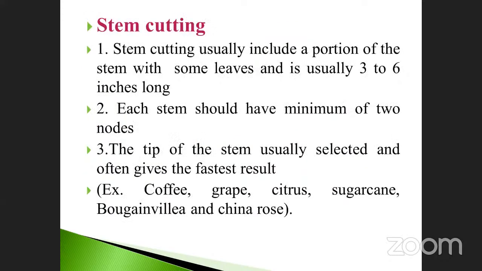Stem cutting. You have to select the stem. The stem cutting usually includes a portion of the stem with some leaves, because it may contain one node, two nodes or three nodes. It contains some leaves and is usually 3 to 6 inches long.